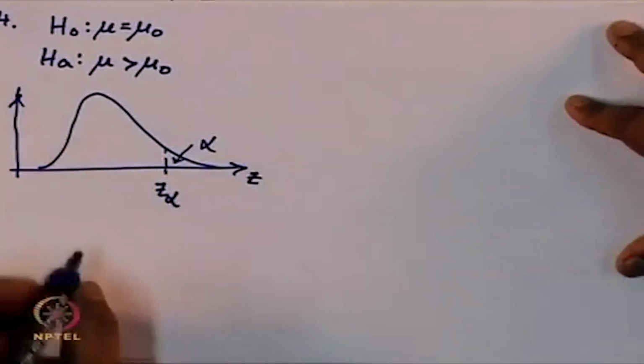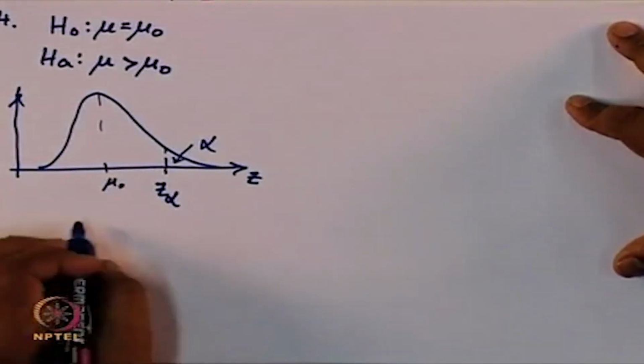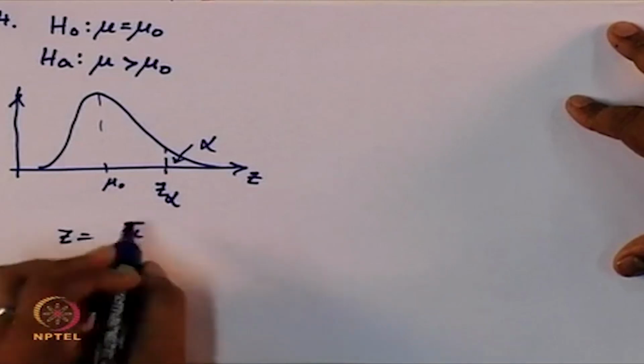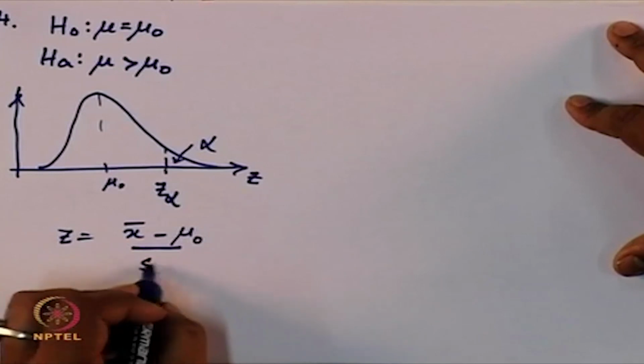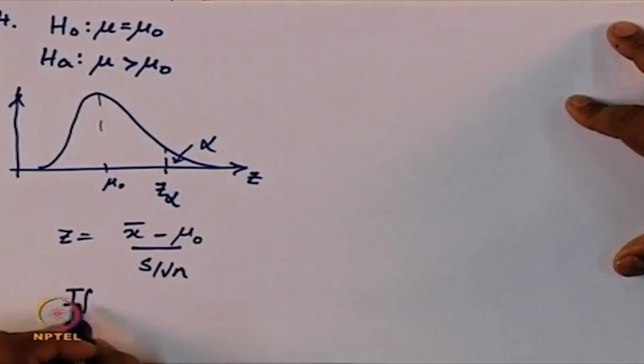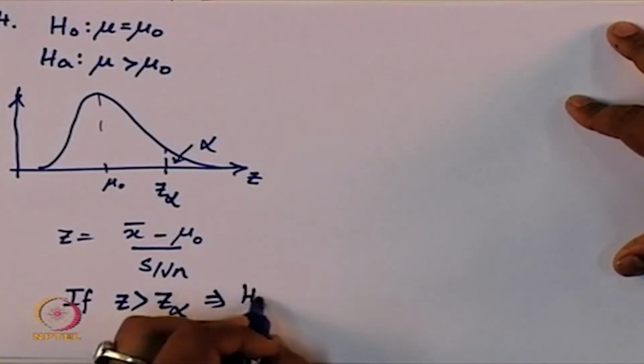This is your mu naught. You will calculate Z as x bar minus mu naught by S by root n. If Z is greater than Z alpha, then H naught is rejected.